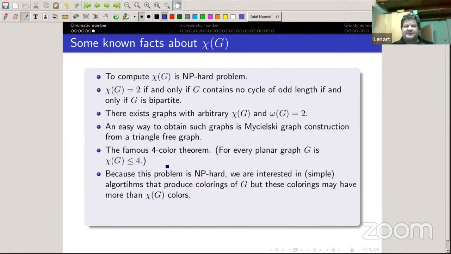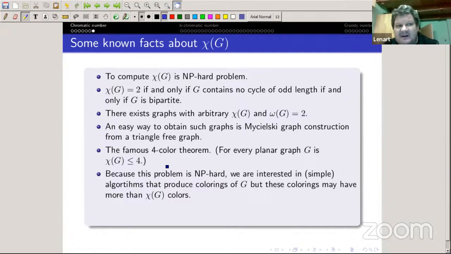So, as mentioned in the introduction, because this problem is NP-hard, we are interested in simple algorithms that produce colorings of G. Sometimes they are optimal and produce the best coloring with the minimum number of colors, but often not.